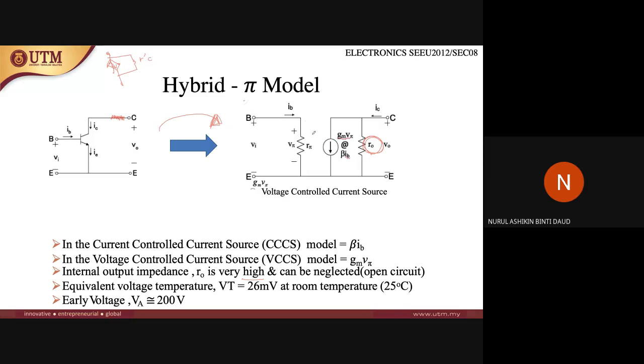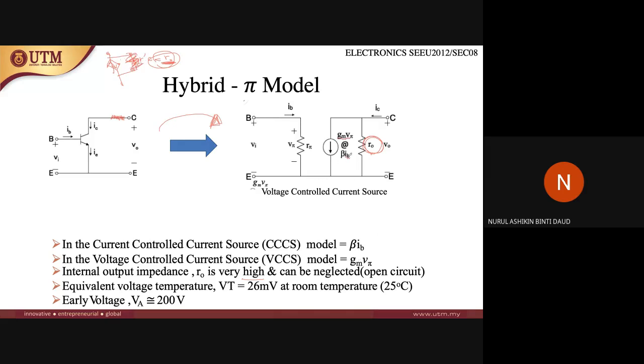For this hybrid pi model, it is represented as RO. In some cases, this RO is very, very large, so same as the RE model just now, it can be assumed as an open circuit and neglected.